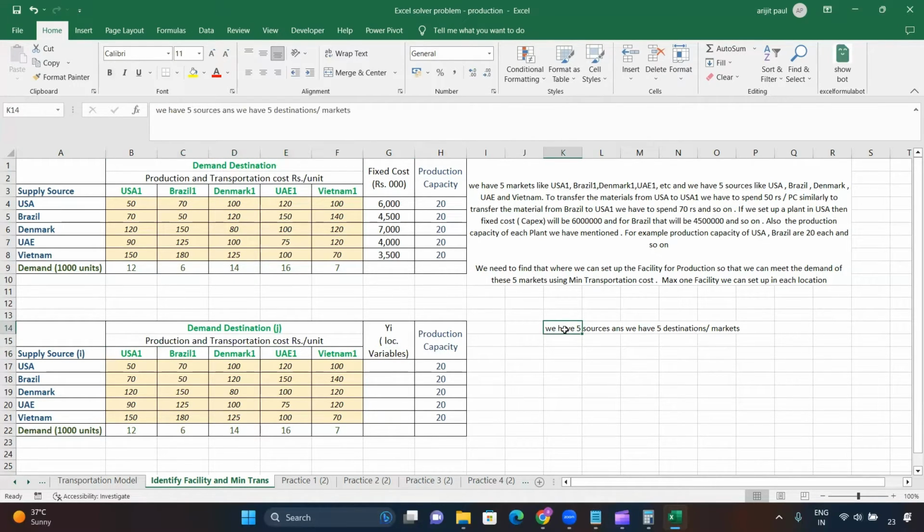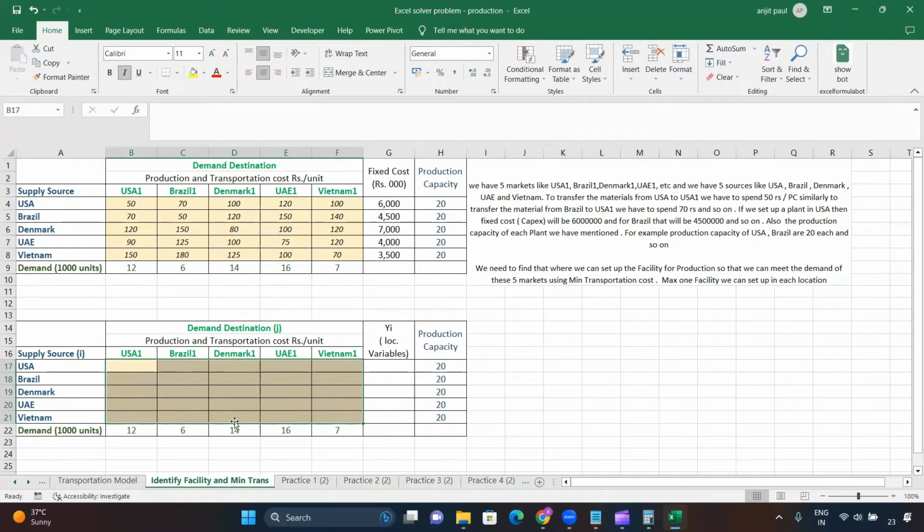Now, the quantity that we are going to transport from USA to USA market becomes our xij.